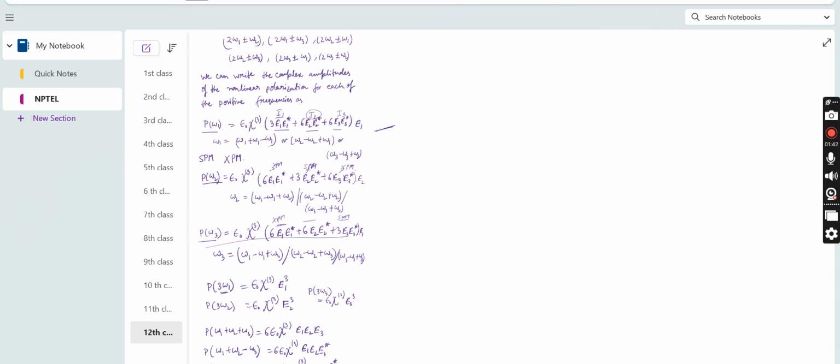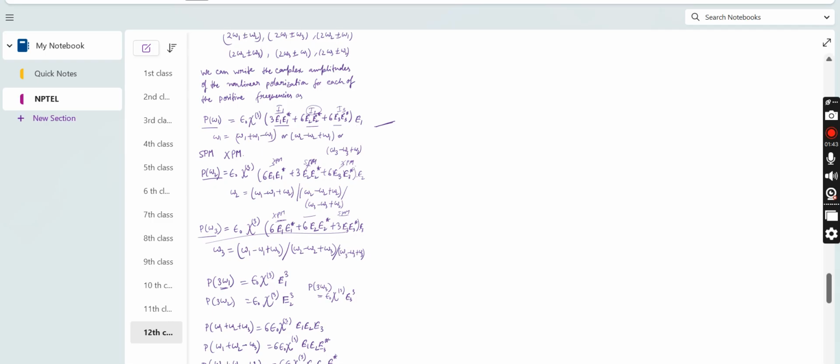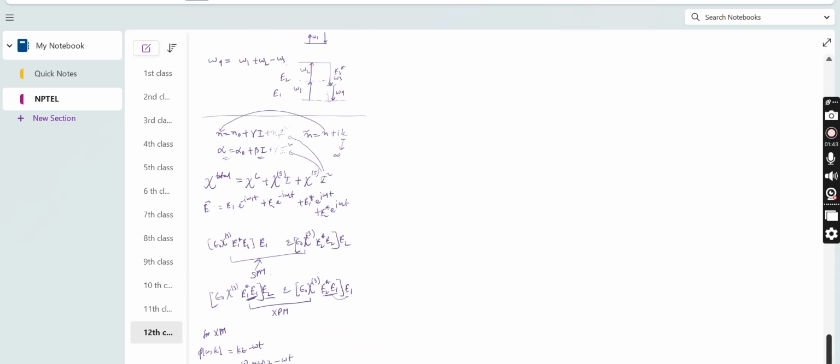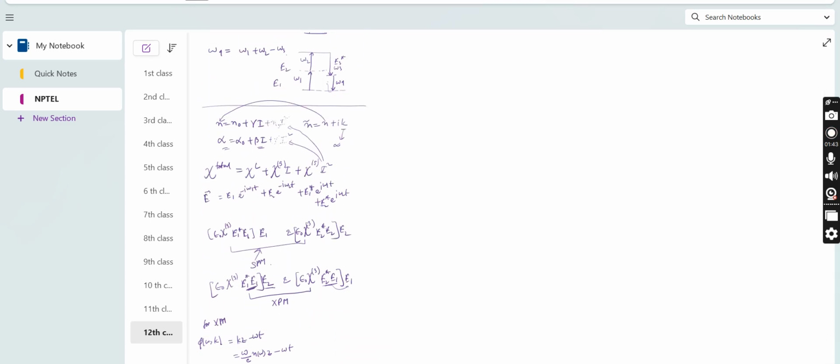I1 is modulating E1, I2 is modulating E2, I3 is modulating E3. But cross-phase modulation is when I2 is modulating E1 or I3 is modulating E1. So basically the refractive index of E1 is depending on E2. That is cross-phase modulation.